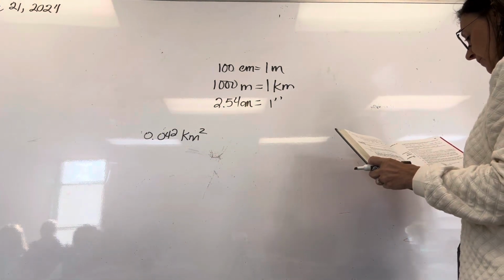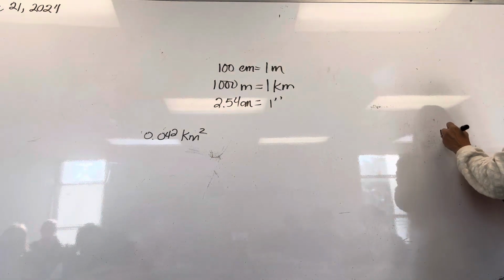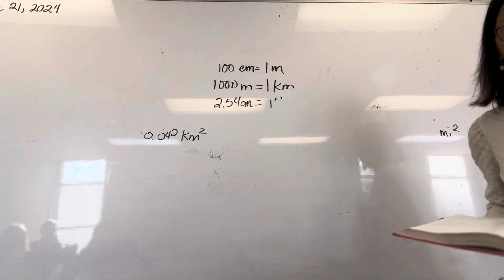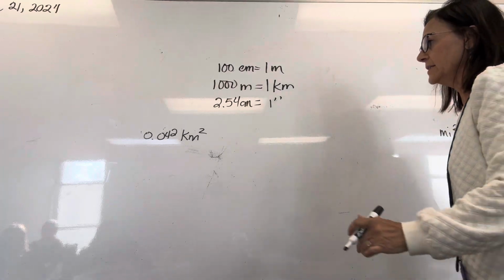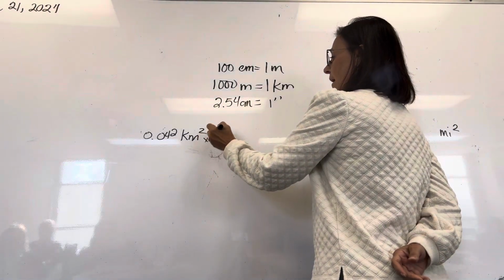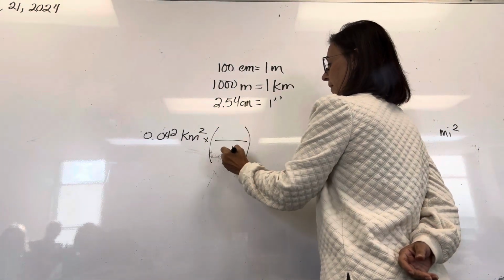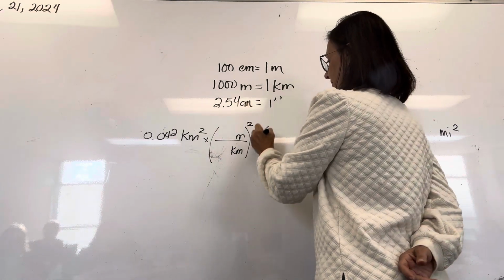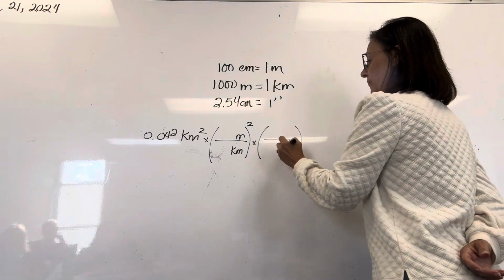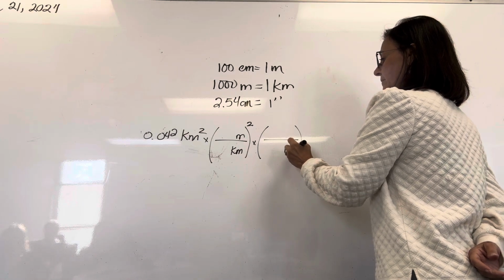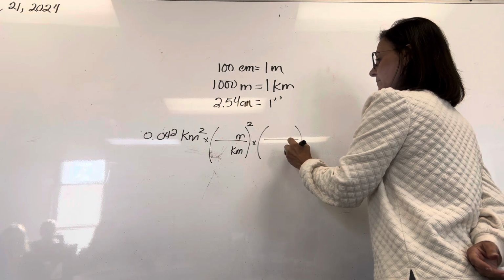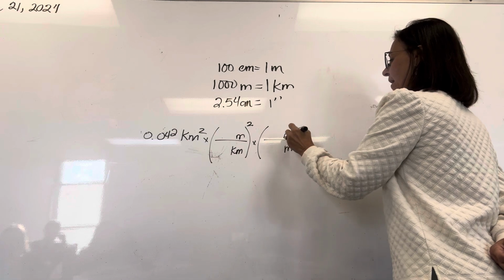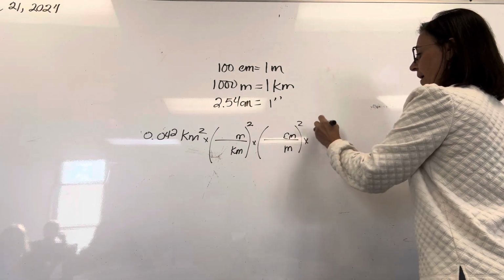Where do we want to go to? We want to go to miles squared. All right, so we got to get to miles. To get to miles, we go from kilometers to meters, but we're squaring it, right? Then we go from meters to centimeters, and that's got to be squared.